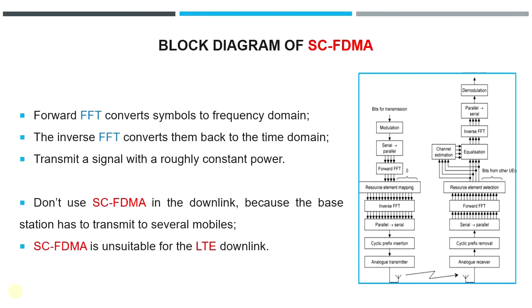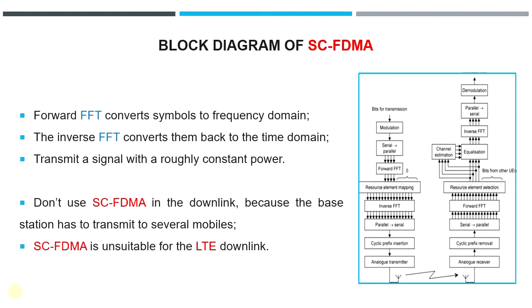We can understand how SC-FDMA works by looking at three key transmission steps: the forward FFT, the resource element mapper, and the inverse FFT. The forward FFT converts these symbols to the frequency domain. The resource element mapper shifts them to the desired center frequency, and the inverse FFT converts them back to the time domain.